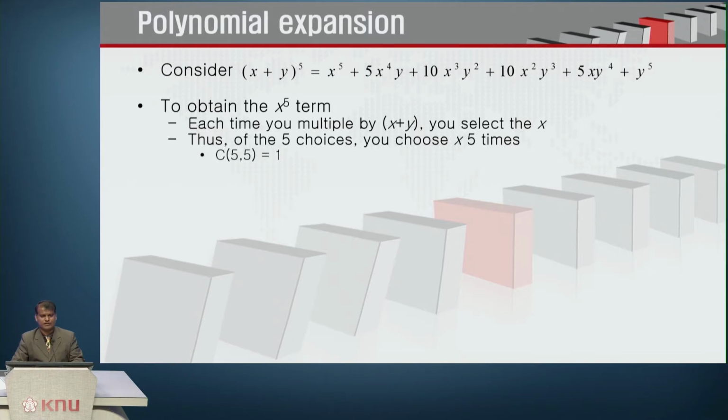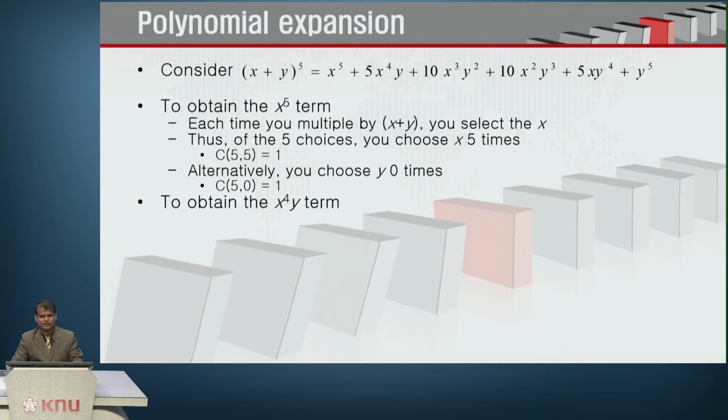Yes, that is C of 5 comma 5. You can also choose y 0 times, that is C of 5 comma 0, which is 1. Or you can choose x to the power 4 times y.